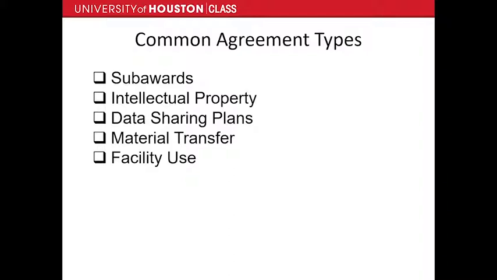With regard to data sharing plans, it needs to explain how the data will be used and shared. Some things that typically are addressed in a data sharing plan are the length of the agreement, the intended use of the data, and any usage restrictions as they relate to each institution's policies.